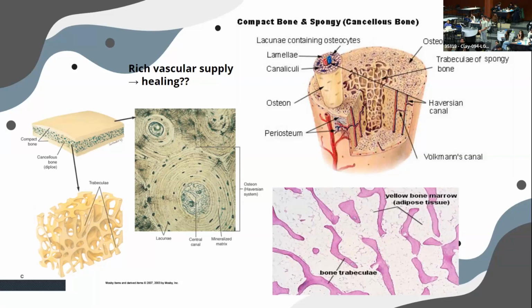So these highlighted pink little blobs, they're the hard bits, and the white structures in between is the bone marrow. Just looking at this image, we can see that they have a very rich vascular supply in this area. So they are quite good at healing themselves.